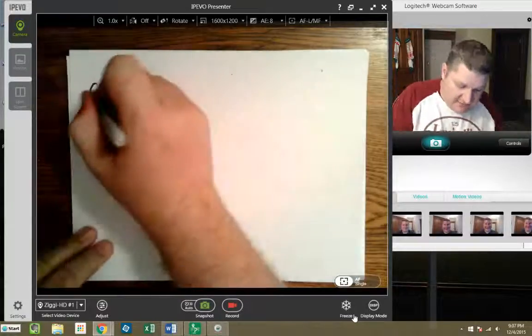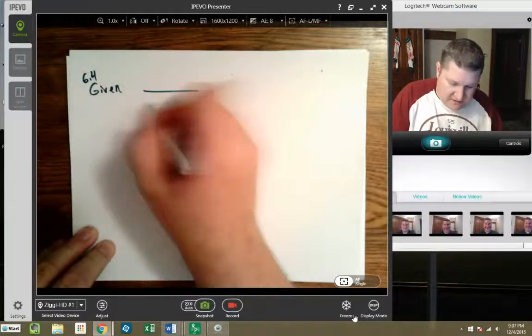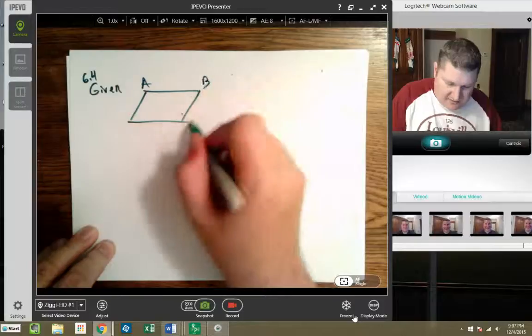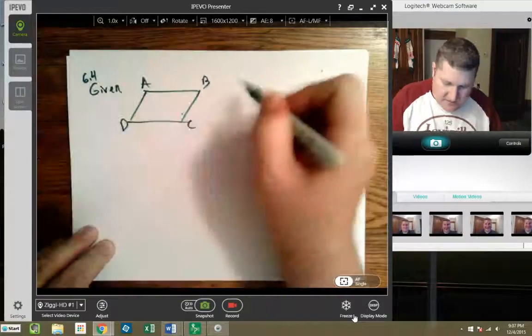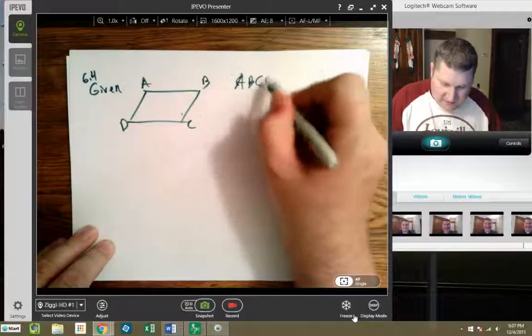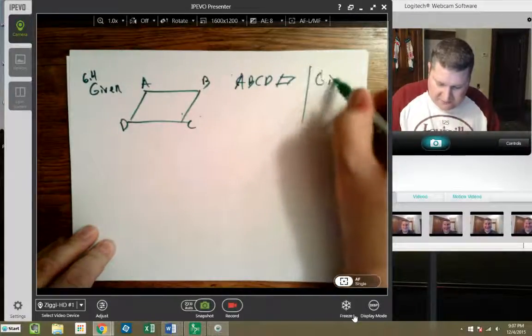Again, we're given for theorem 6.4 that it is a parallelogram, A, B, C, D. And so that means that ABCD is a parallelogram that is given.